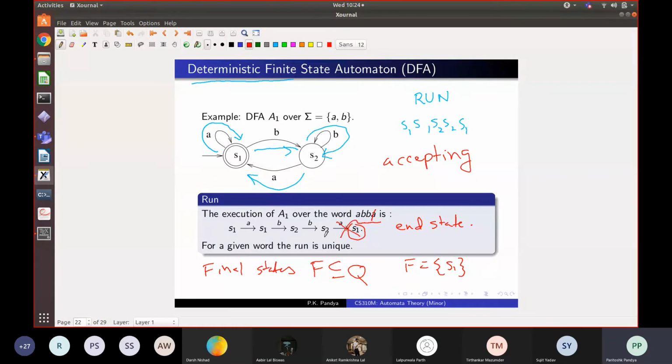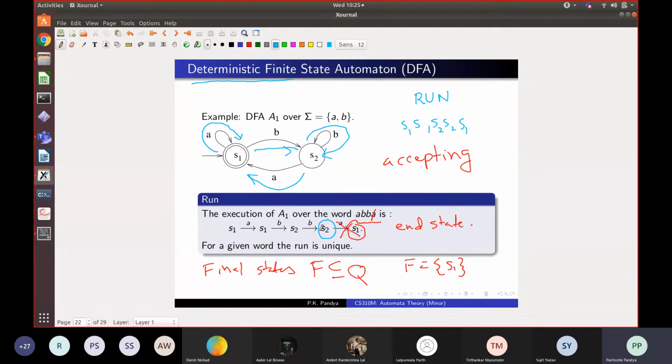So this transition did not take place and our end state happened to be S2. Is this run accepting? No, because S2 is not a member of the set of final states. So final states somehow represent good states of the system. At the end of processing the word, if you wind up in a final or good state, then you say that the word is good, it is accepted. So this is how an automaton accepts some words and does not accept others.